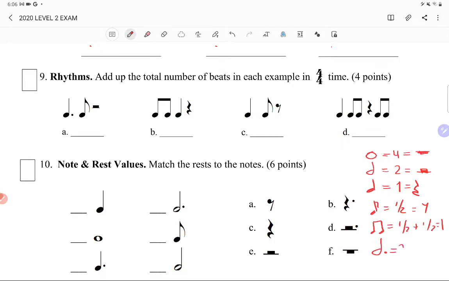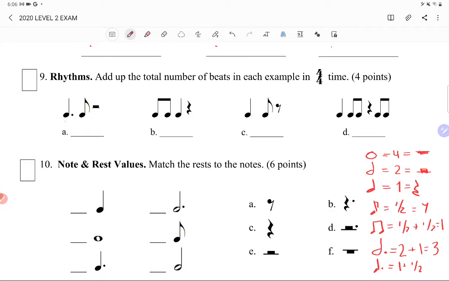So you had 2 beats, and now you're adding half of 2, which is 1. In this case, it's going to equal 3 beats, right? And if you have something like this, the dotted quarter note, you had 1, and now you have 1 plus half of the 1. So you have 1.5 beats. Okay, let's try to do this one.